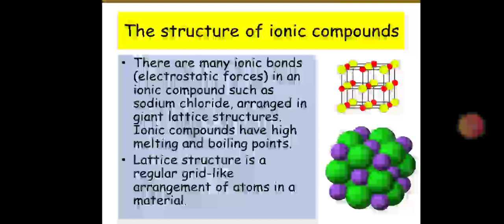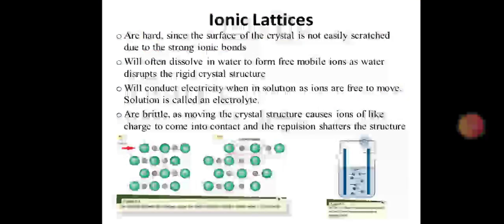Lattice structure is a regular grid-like arrangement of atoms in a material. Ionic lattices are hard and the crystals cannot be easily scratched. When dissolved in water, the ions become free and mobile, and they are responsible for conducting electricity.